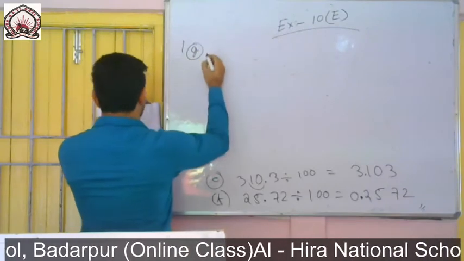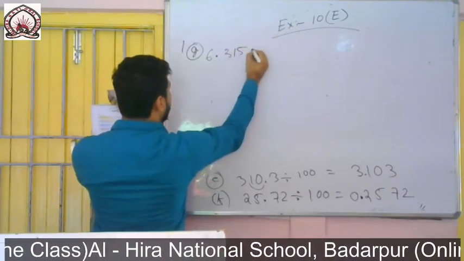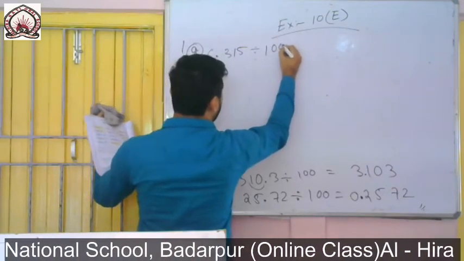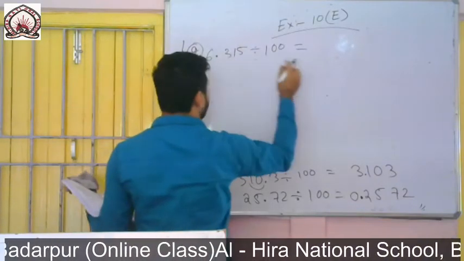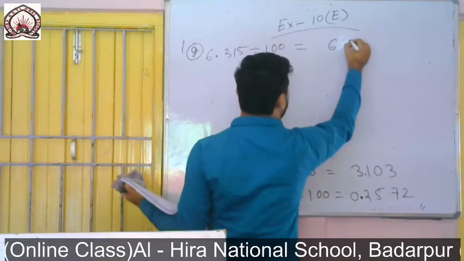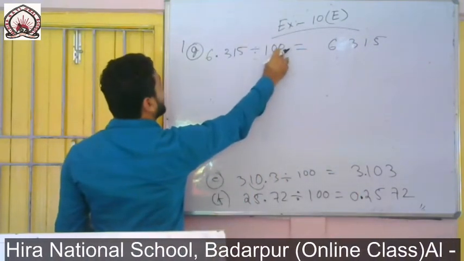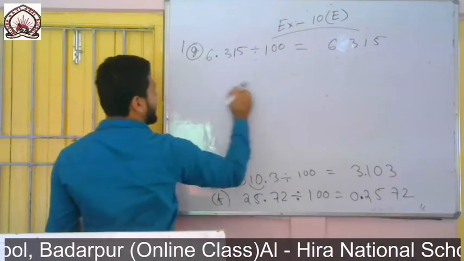G, you see, 6.315 divided by 100. First you write the digits, just omitting the point, 6315. After that, how many zeros are there in the divisor? 2 zeros, so the point will shift 2 places.